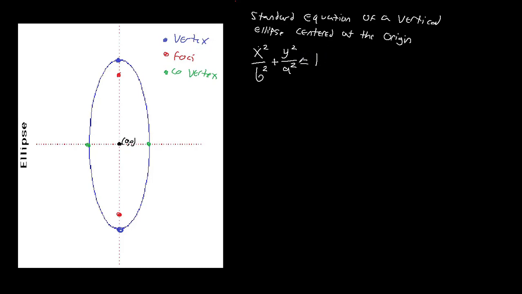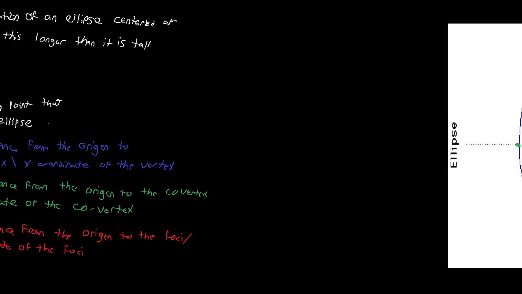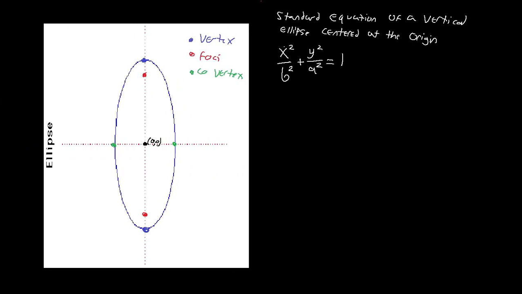So you'll notice this looks extremely similar. In fact, if I were to scroll back over, you'll see x squared over a squared plus y squared over b squared equals 1. So you'll notice that when the ellipse is vertical, the a and the b now trade places.